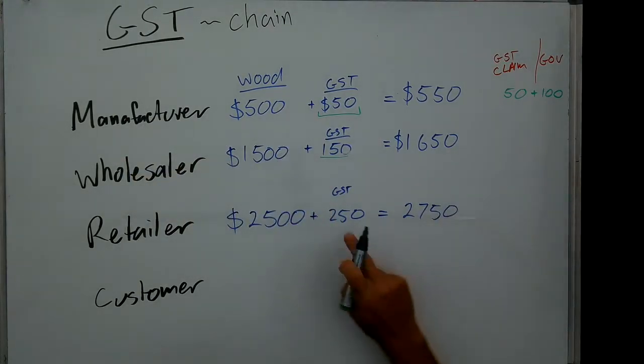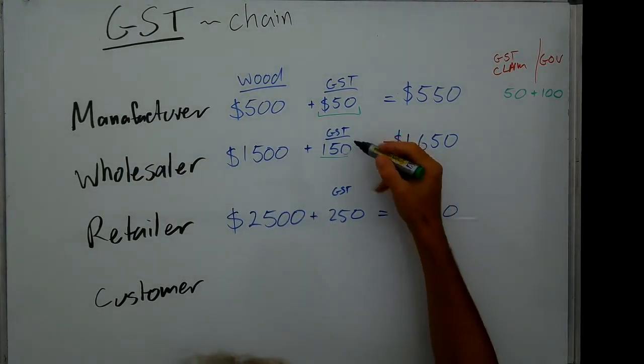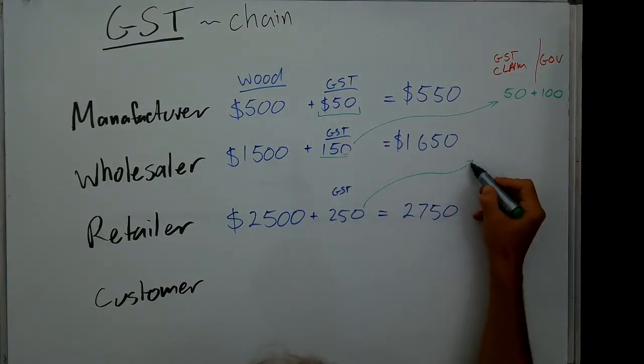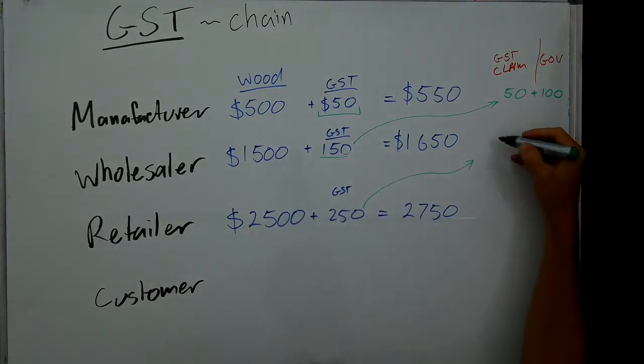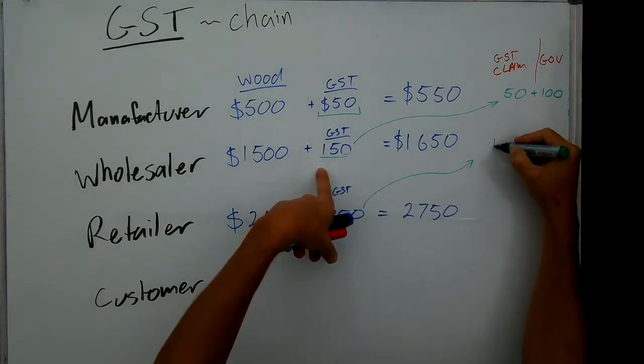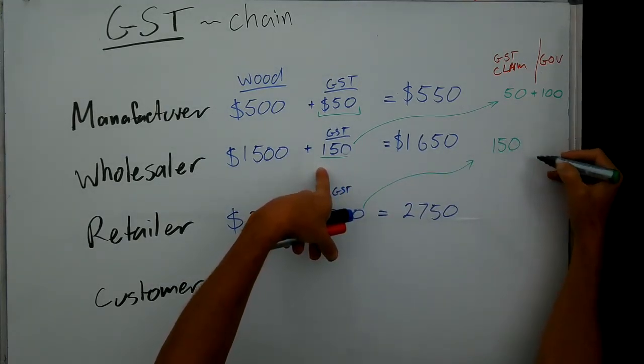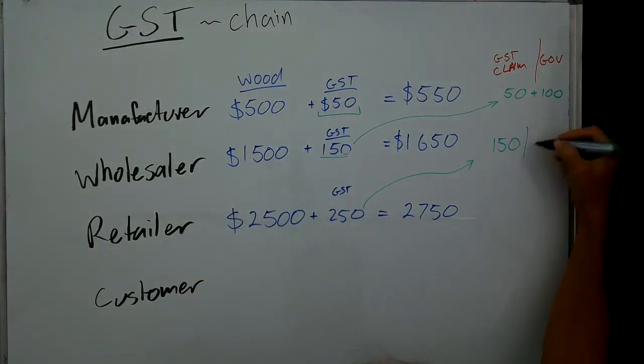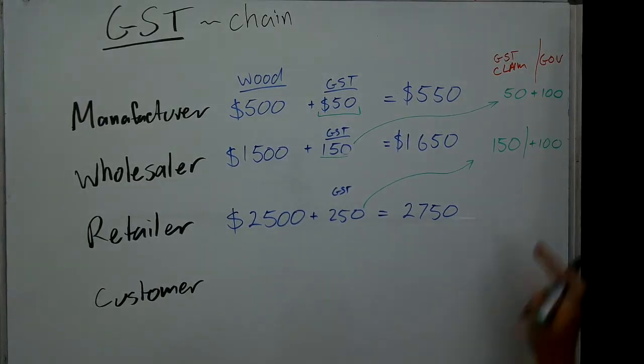So really, this $250 goes into the wholesaler's account, and they have $150 that they get to keep because they paid it, and then an extra 100 is left over, goes to the government.